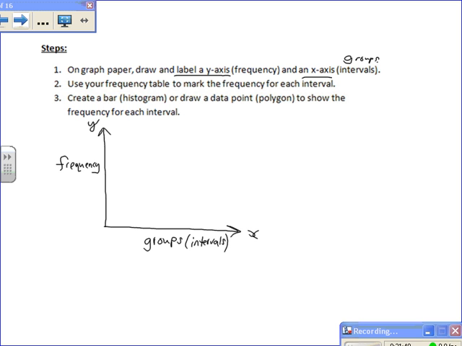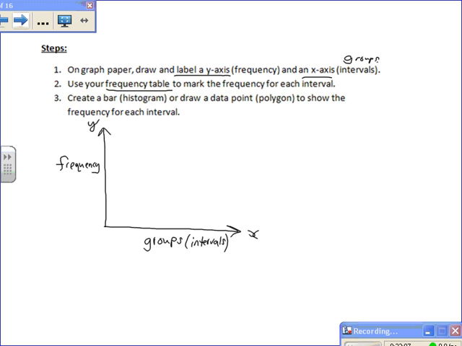Use your frequency table to mark the frequency for each interval, and then create your bar graph. So form those rectangles, or connect all the data points to form a polygon.